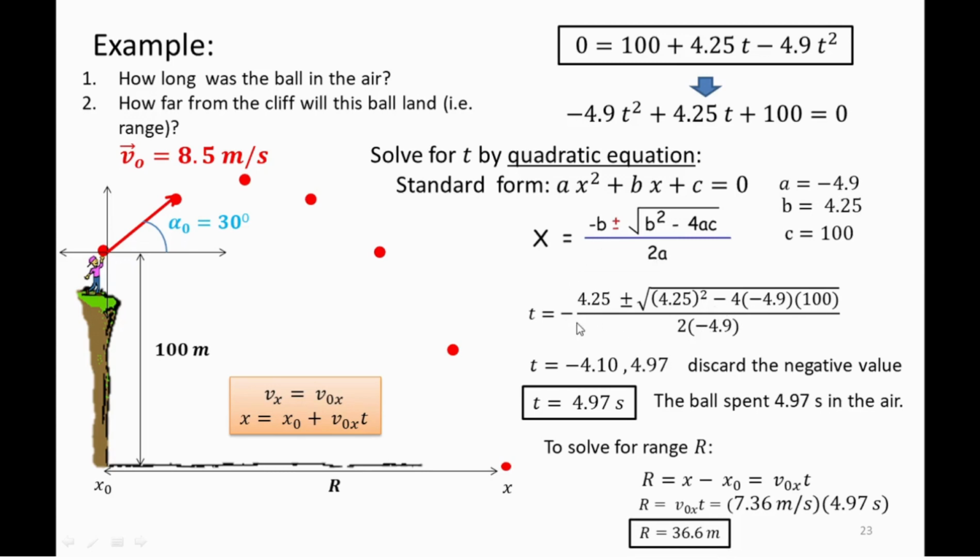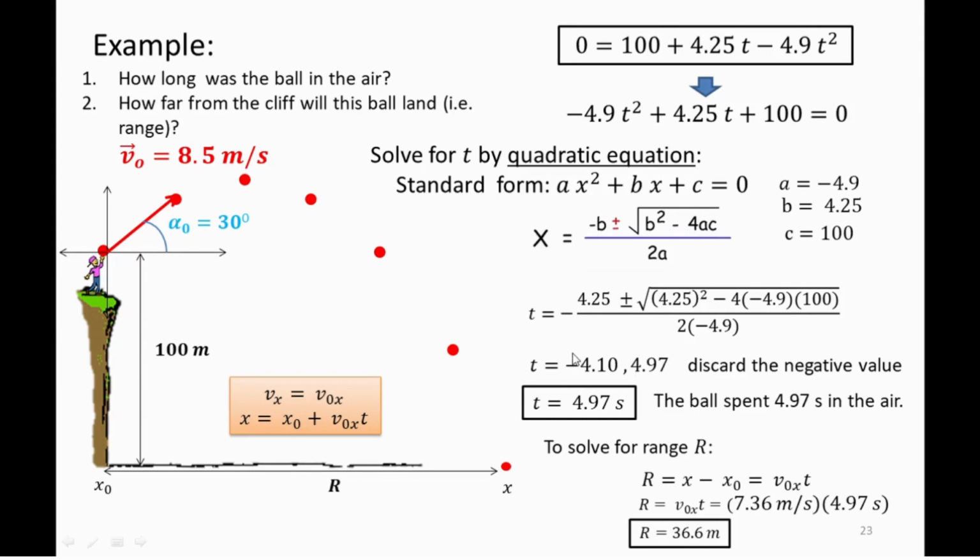So do not forget the negative sign here. If you evaluate this equation, this will give us two answers. The first answer is obtained when this operation here is plus, and the second value of t is when this operation here is minus. So you have two values of t.